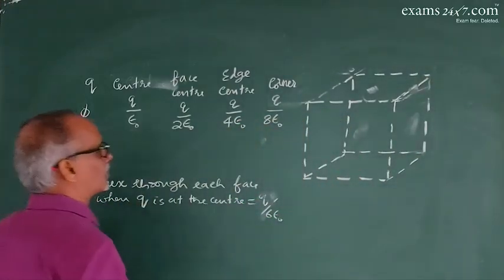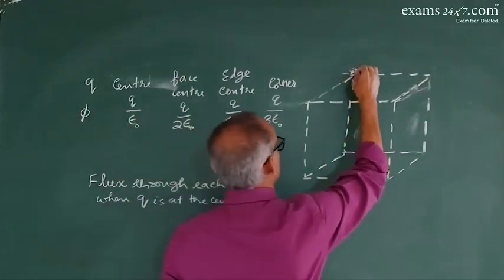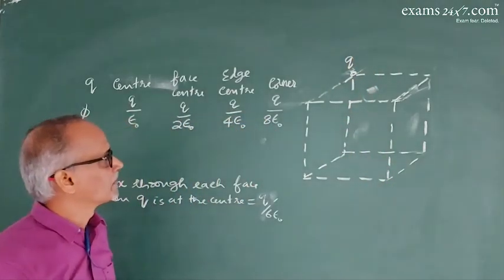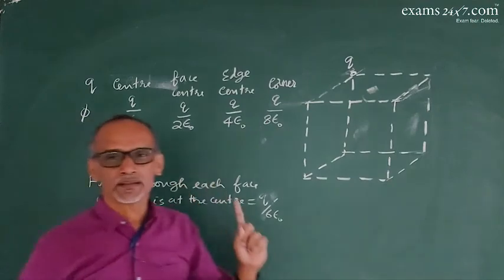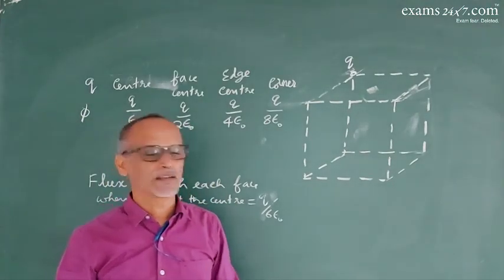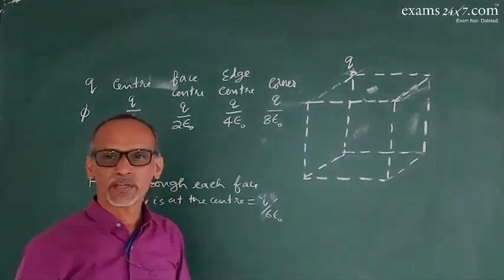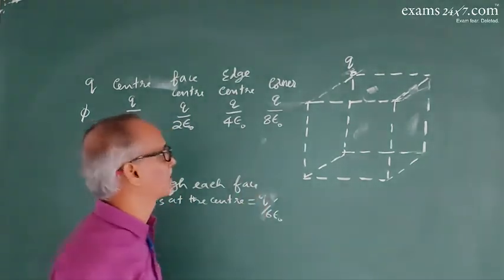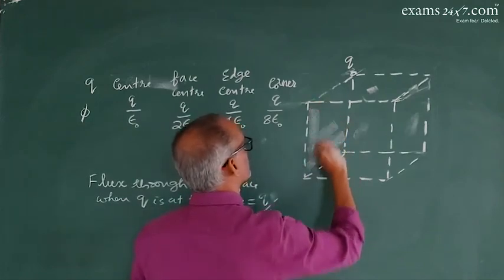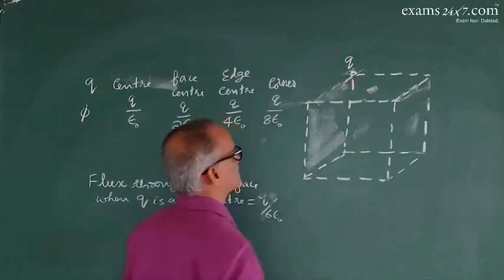Now one more question here: when the charge is placed at the corner, through the 3 nearest faces to that charge, there is no flux. Which are those 3 nearest faces to that charge? So one is this. This is one of the faces.